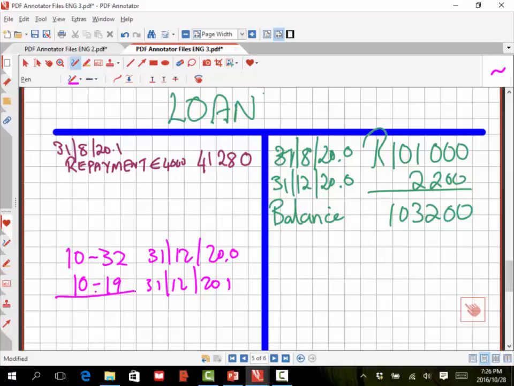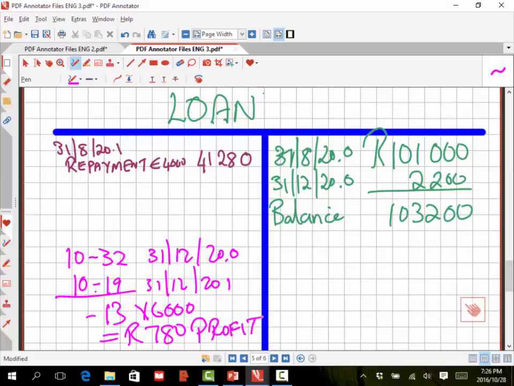So the difference there is 32 minus 19, that is a 13-cent difference, times that by the 6,000 euros still outstanding, and our adjustment is 780 rands.